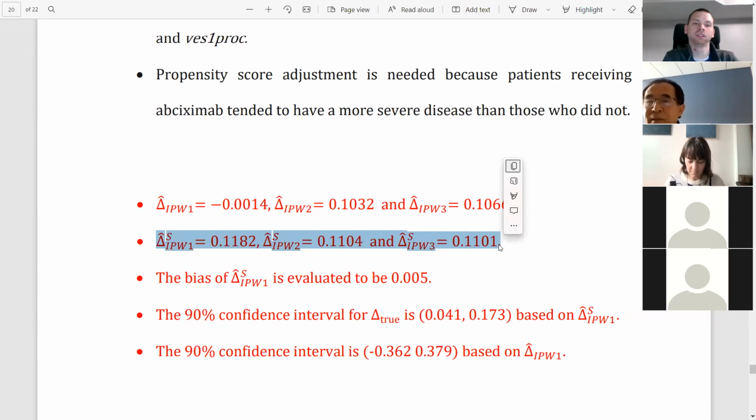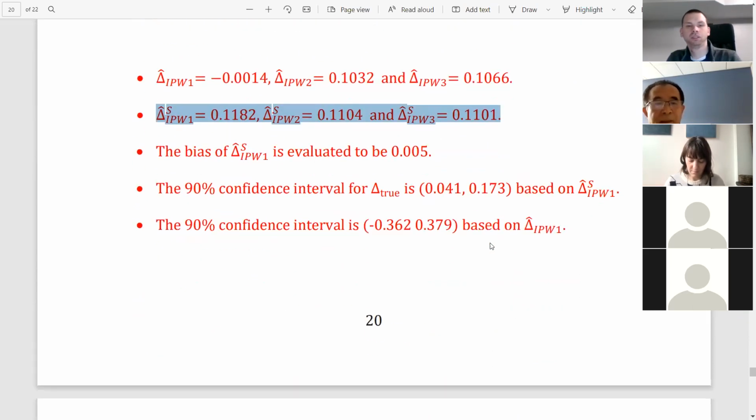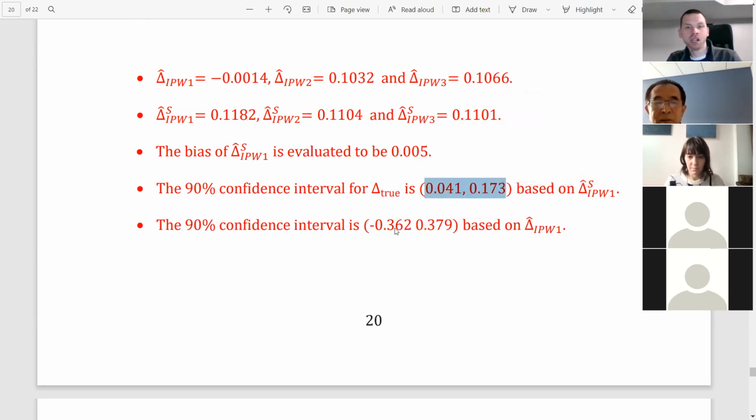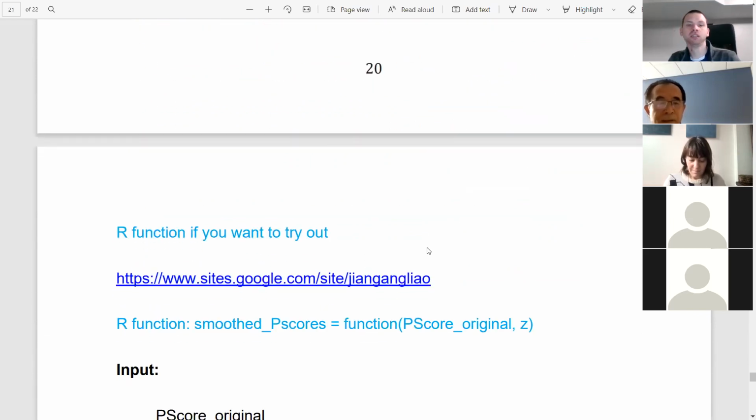So the smoothing does make a difference. More importantly, with the smoothed IPW1, the confidence interval is pretty narrow, while for the original one the confidence interval is very wide. This is a huge difference between the two methods.